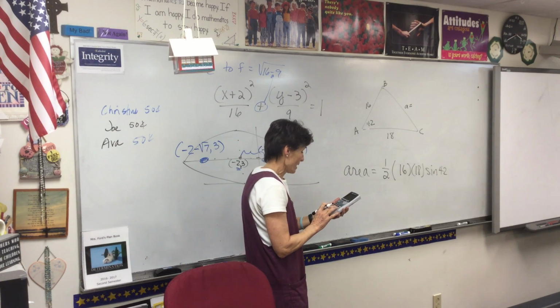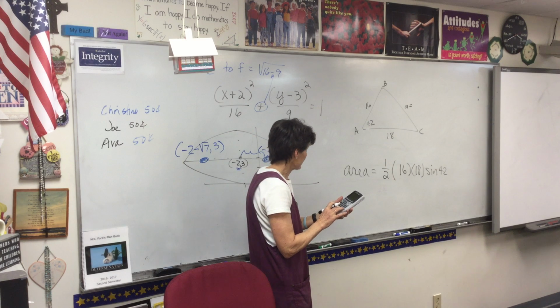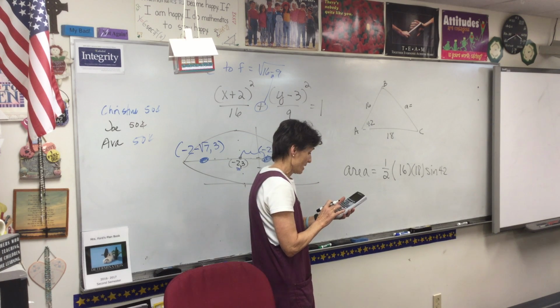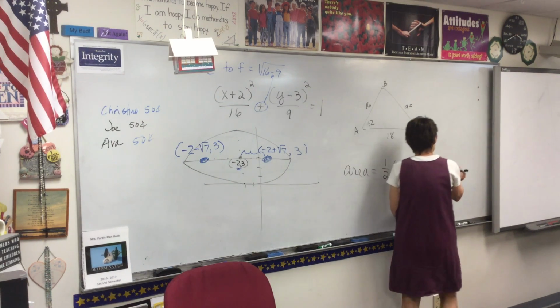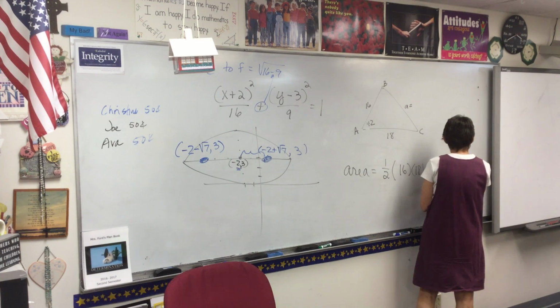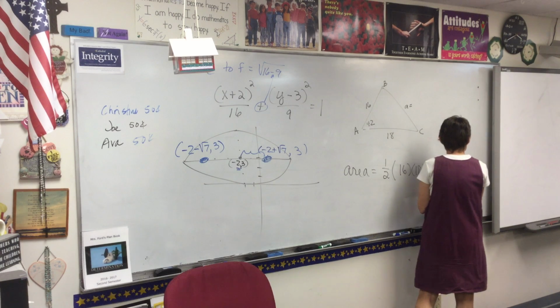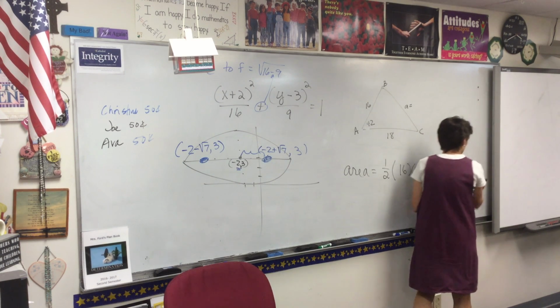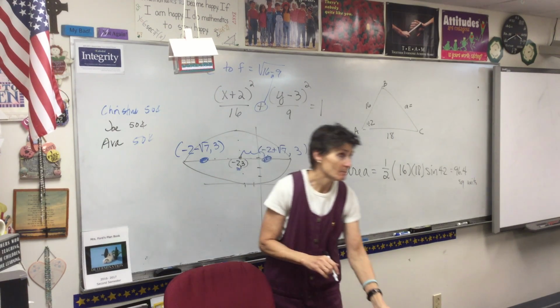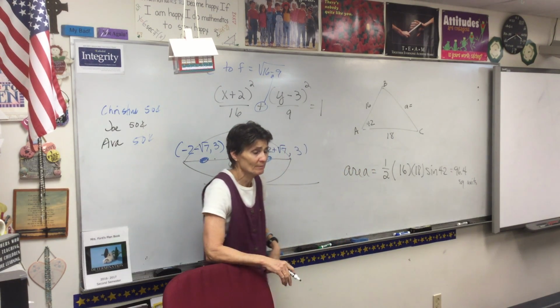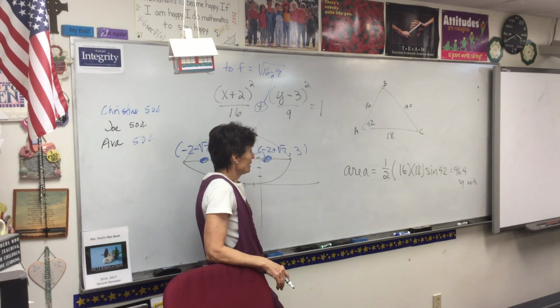So 1/2 times 16 times 18 times sine 42. I got 96.4 square whatevers for my area. Is that vaguely familiar? Please tell me it sounds familiar.